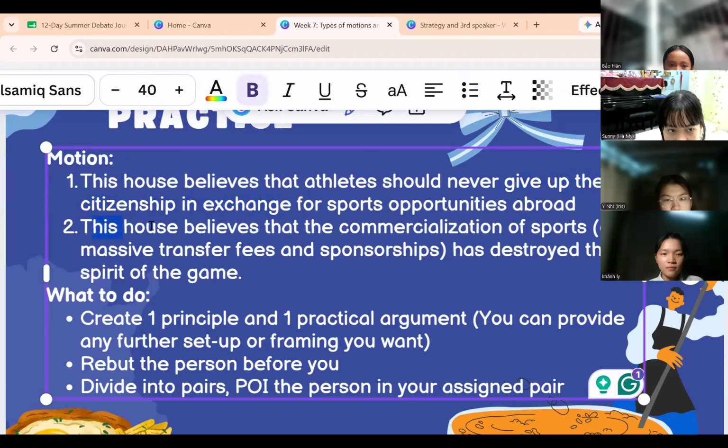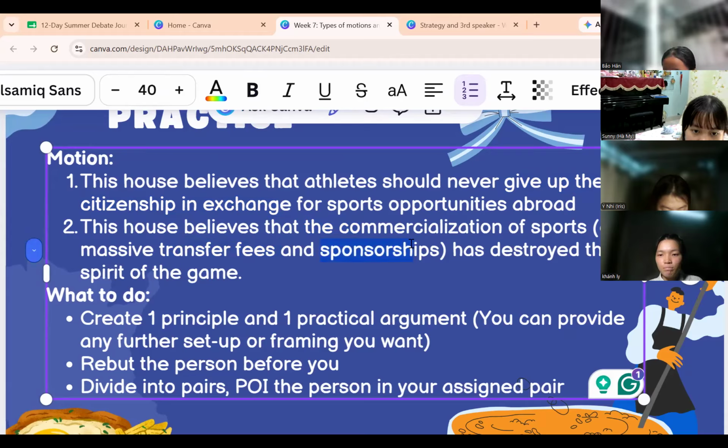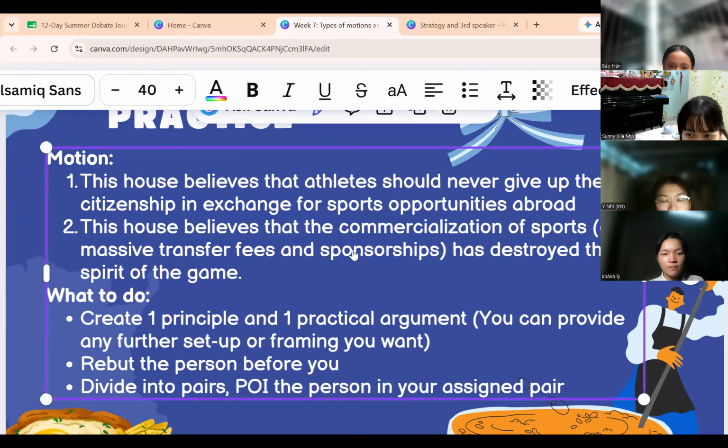And number two, this house believes that the commercialization of sports has destroyed the spirit of the game. Like, in the World Cup, the fee is really expensive and there are sponsorships. Okay, so these are two motions. You guys can vote for what you want. And we will come back in a bit. So now have a break.